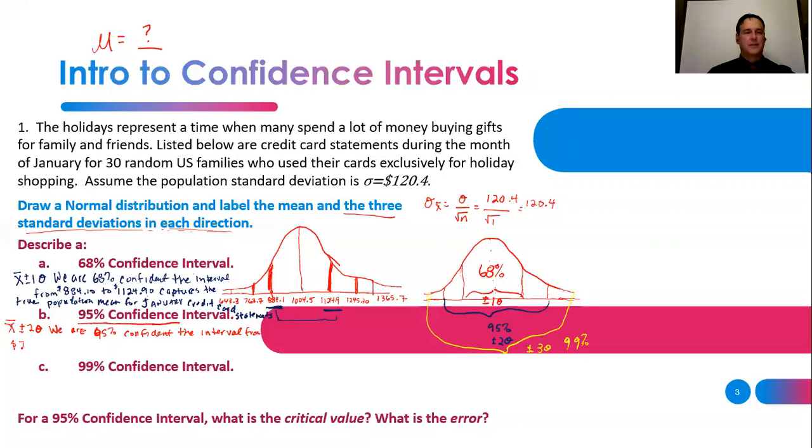So I'll put my dollar sign there, $763.70 to, 2 standard deviations to the right, $1,245.20 captures, and it's pretty much the same sentence. The true population mean for January credit card statements.